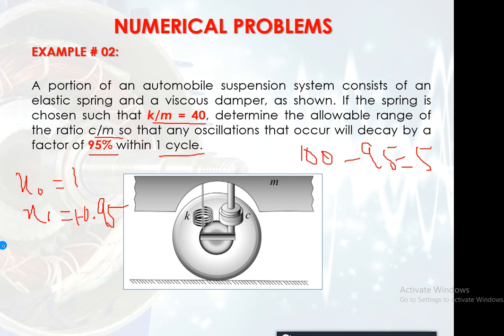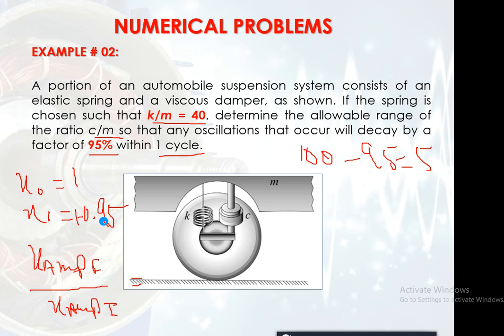So how can we find the ratio? We can find the ratio as the final amplitude divided by the initial amplitude. So what is the final amplitude here?